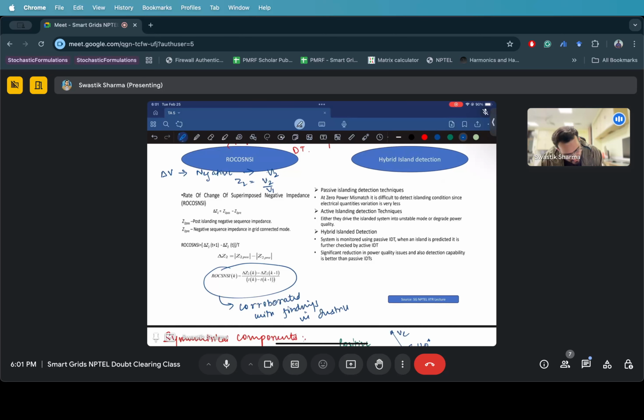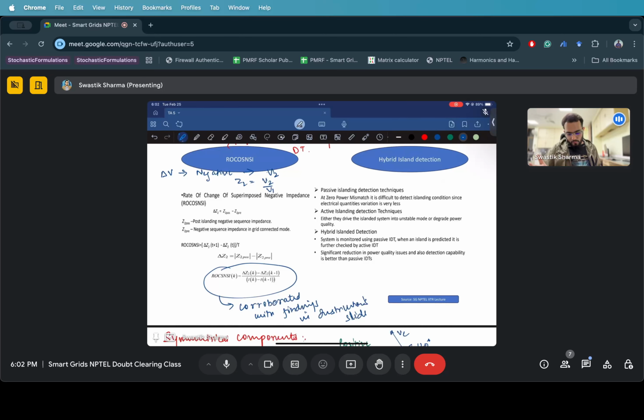So the main essence is that if islanding happens, there will be a change in voltage magnitudes and a change in the power mismatch in such a way that it will arise in unbalance. It can be unbalanced before islanding too, but there will be some change in the negative sequence component which, if tracked, could give better results with respect to this index.